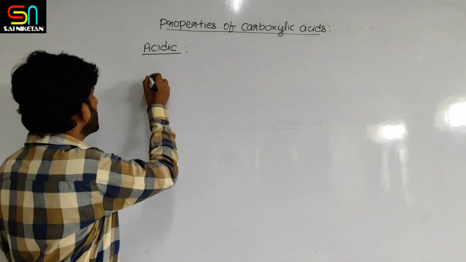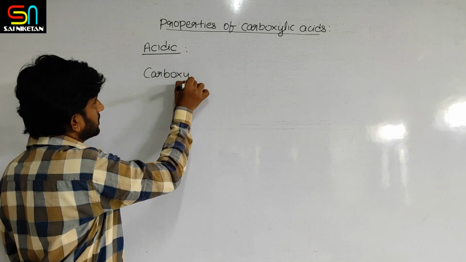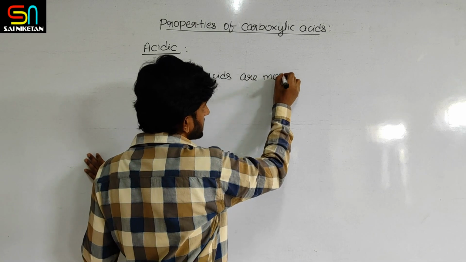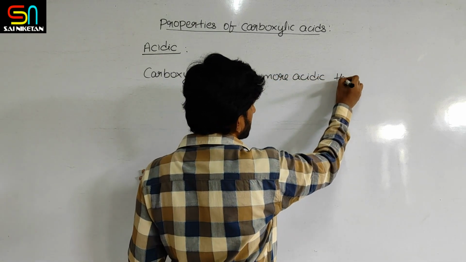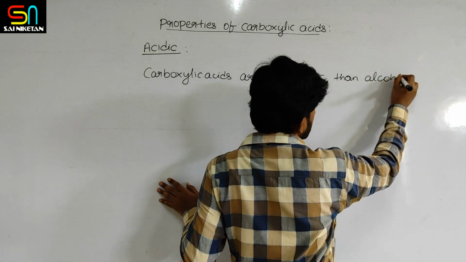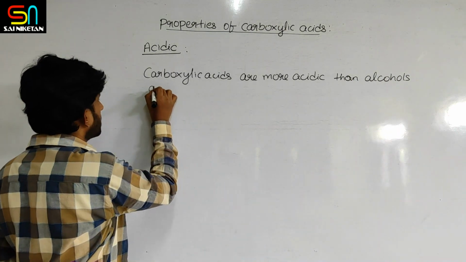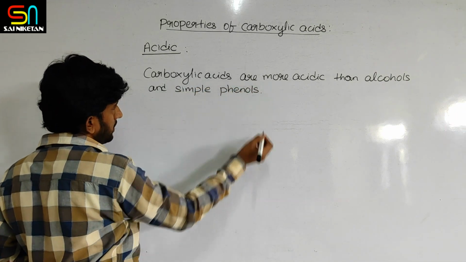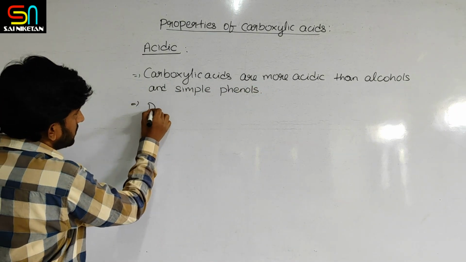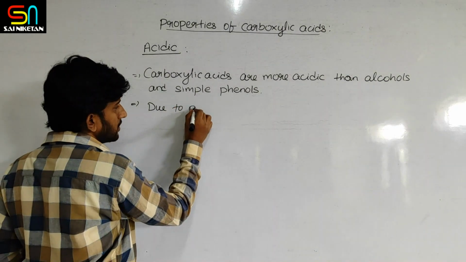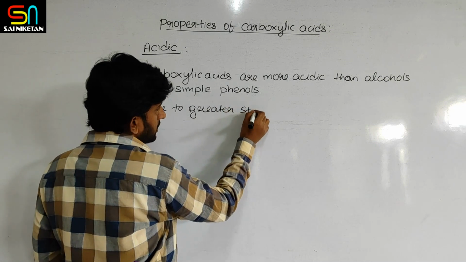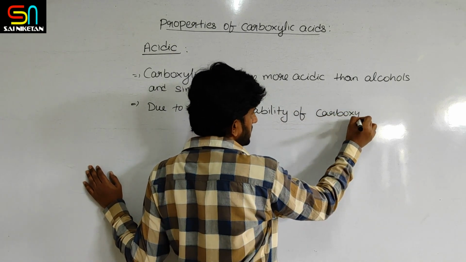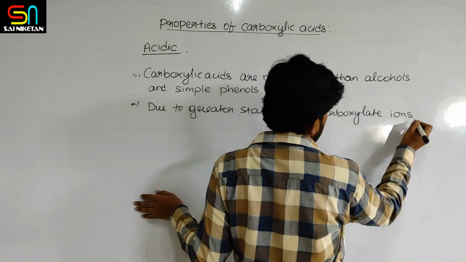Next, carboxylic acids are more acidic than alcohols and simple phenols, due to greater stability of carboxylate ions.